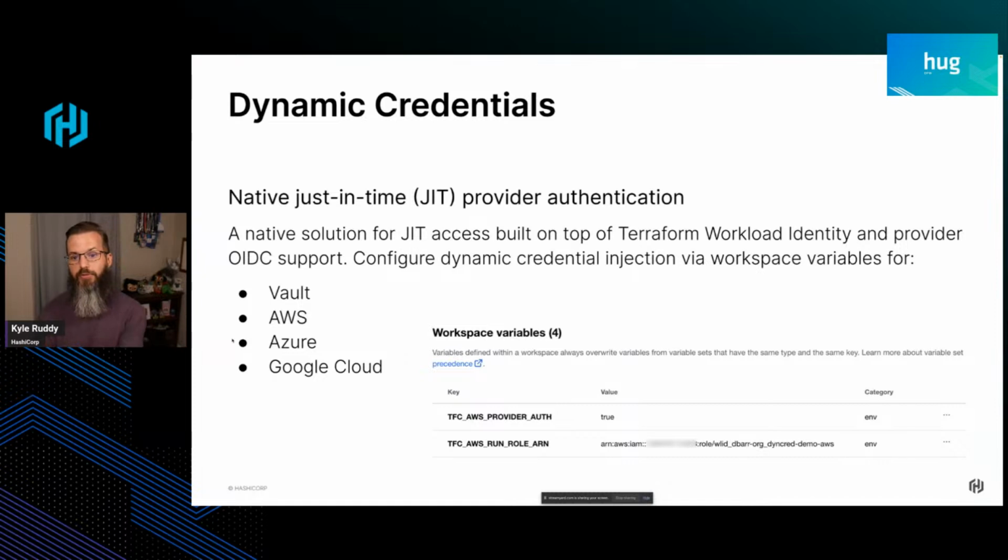So instead of having to provide static credentials or fill out the variables, which I'll show you in just a second, and perhaps share those in mechanisms that you might not otherwise do, you now have the ability to do it in a just-in-time fashion. Currently, the Vault, AWS, Azure, and GCP providers are supported. I'll show you a demo on how this one operates because it's really cool.